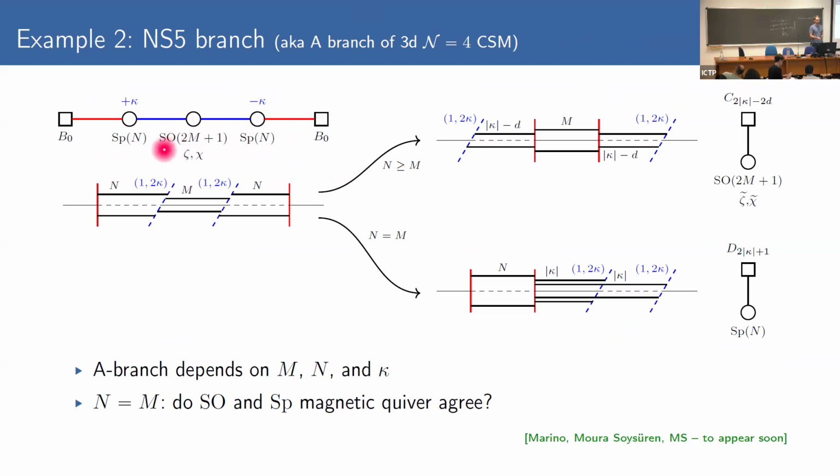So if your n is smaller than m, you can still work out the NS5 branch, and you get a quiver that is sufficiently good if you pimp up kappa. But the B branch is always bad. But the explanation is very simple, right? Because the B branch by itself already was something that we understood without doing Chern-Simons. Right? But then you would say that the whole Chern-Simons theory is not good.